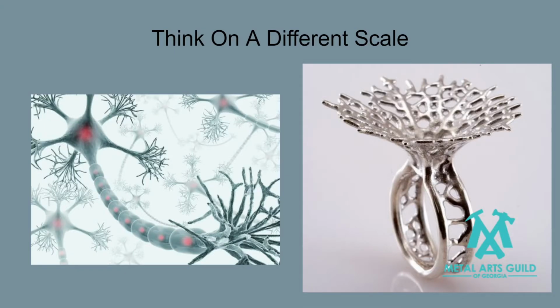This one's not mine. I found this one online, but I wanted to show this one to show that you can think of things on a different scale, like a microscopic level. What would neurons look like? Or you could think about what would something look like under a microscope and see if you're inspired by those types of forms and shapes that you see.